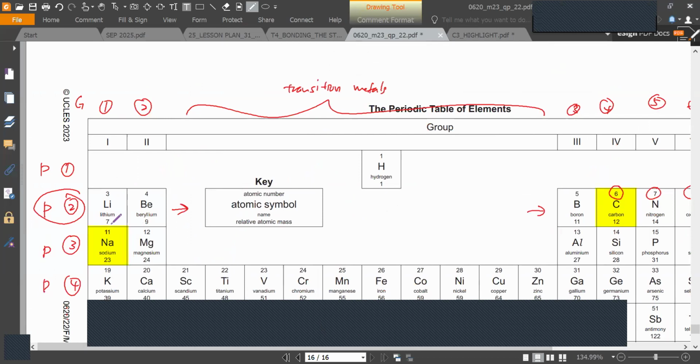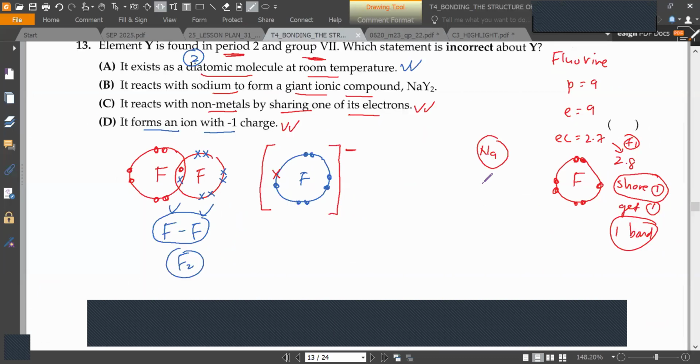Sodium is here, 11. Proton number 11, electron 11. Electron configuration 2, 8, 1. So it has 1 outer electron. So what will it do?